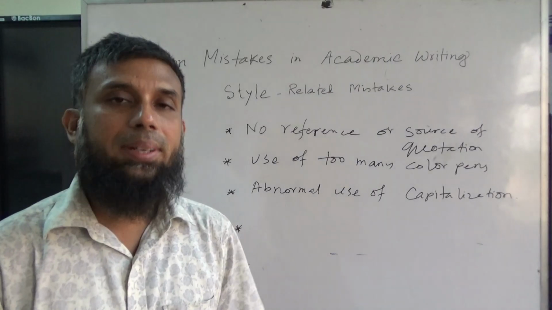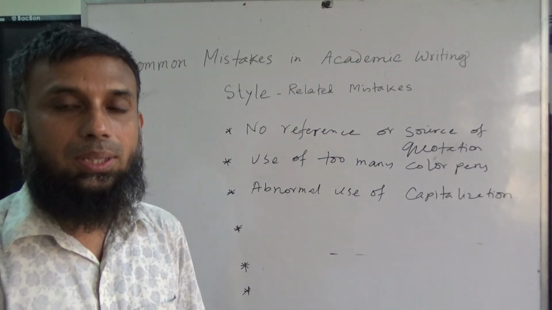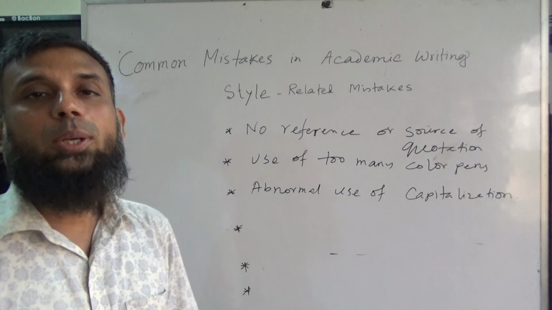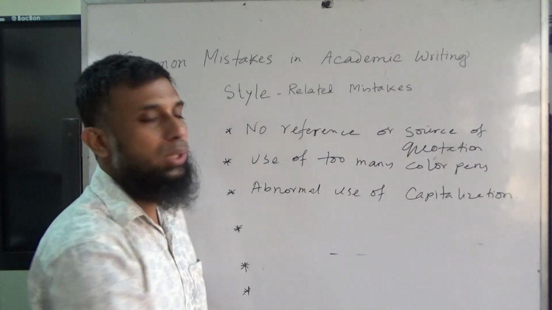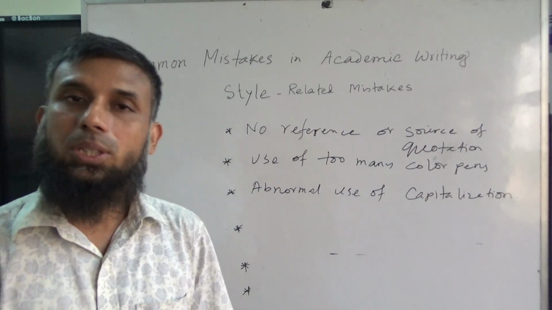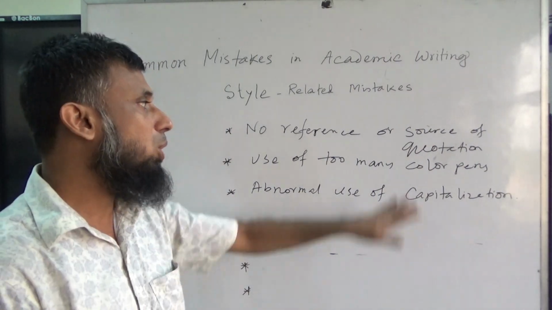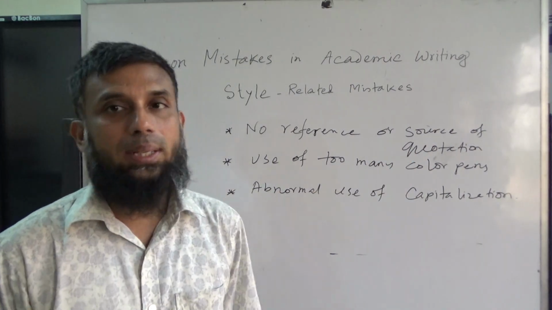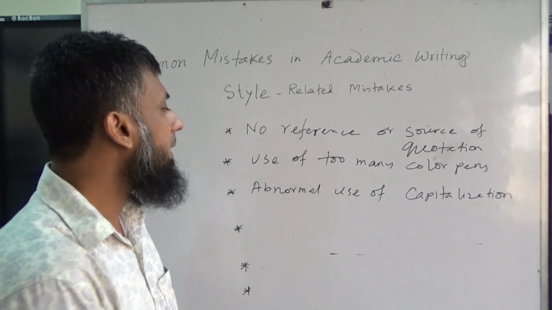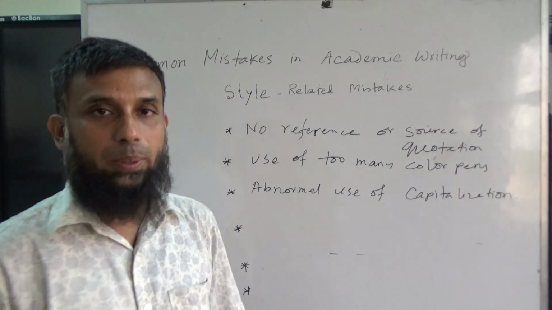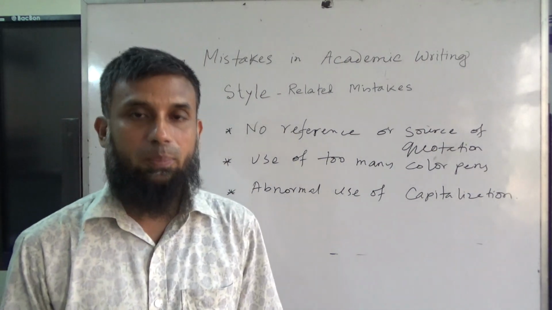The next style-related mistake is that sometimes you use quotations or paraphrasing, but you do not give the reference or the source of the quotation. If you use any quotation, you should cite the source of that quotation. Another silly mistake that students make in their writing is that they use too many color pens, too many different types of color pens.